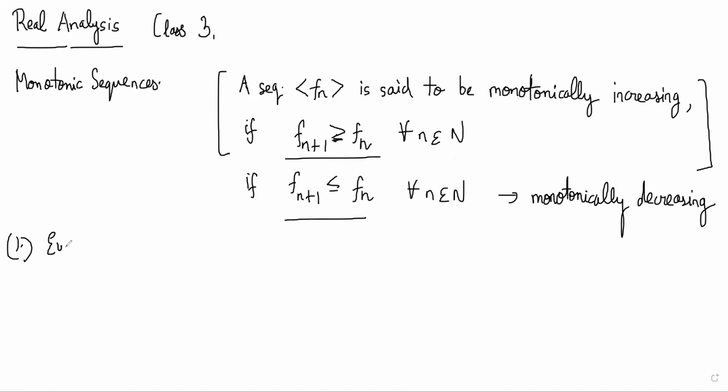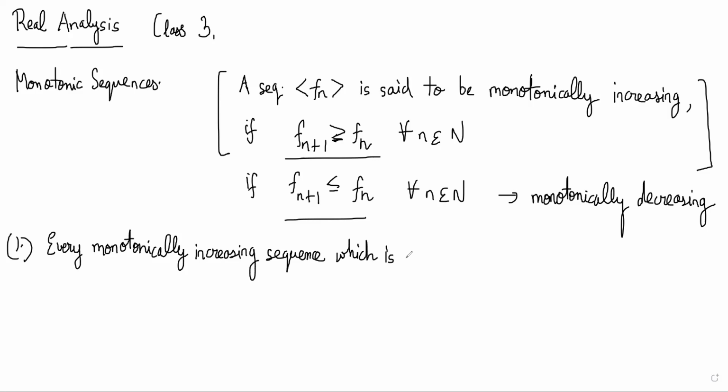The first one says every monotonically increasing sequence which is bounded above converges to its least upper bound.